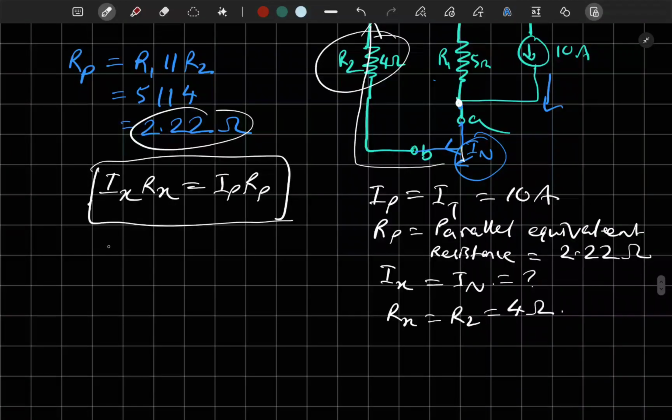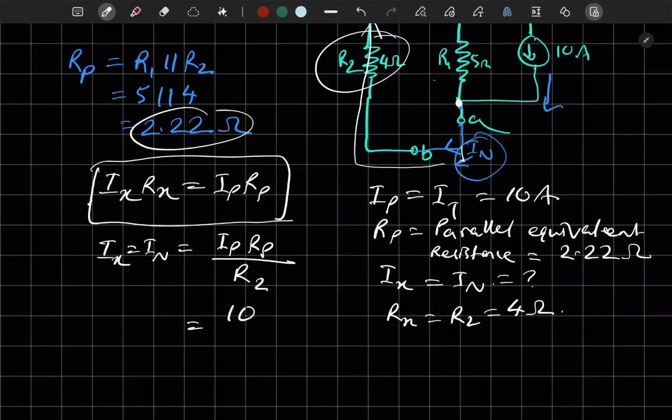Now we will just rearrange the formula. We need IX, or we can just write IN, equals IP RP over RX, and RX we can write as R2. So what's IP?